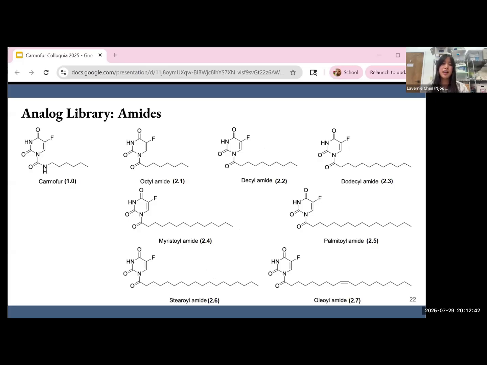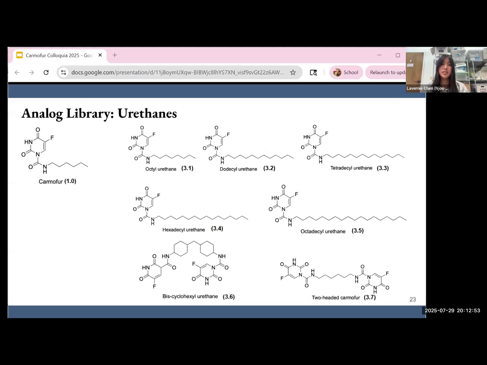Aside from that, our amide library consists of our saturated lipid tails, as well as our unsaturated analog, oleoamide, as mentioned previously. And lastly, our urethanes with the bis-cyclohexyl and 2-headed Carmofur, which could potentially be interesting to see what they target, and is, quote-unquote, fun and interesting, by one of our group members.